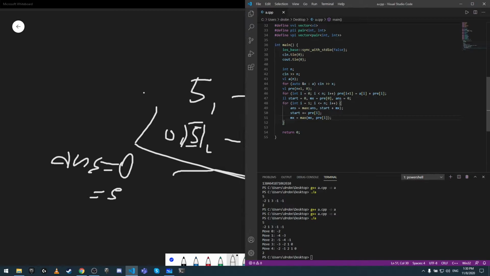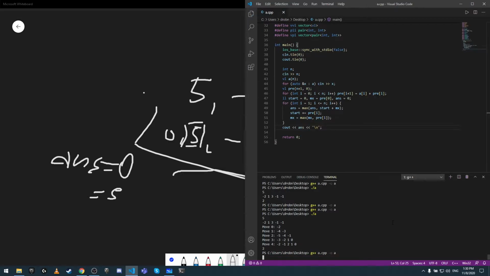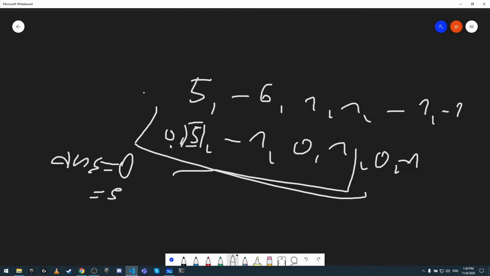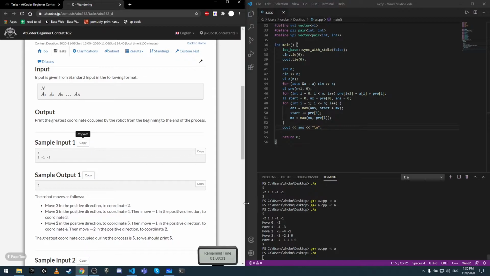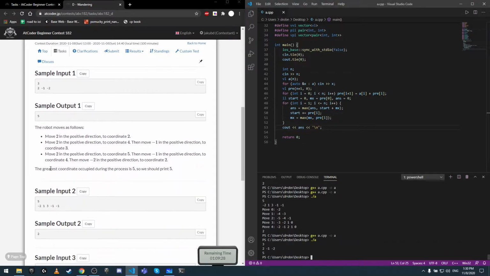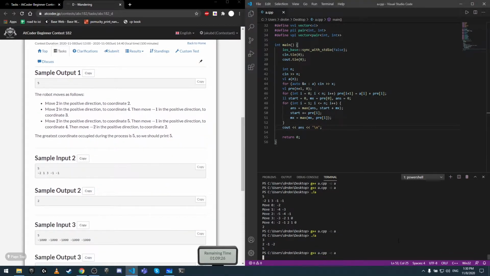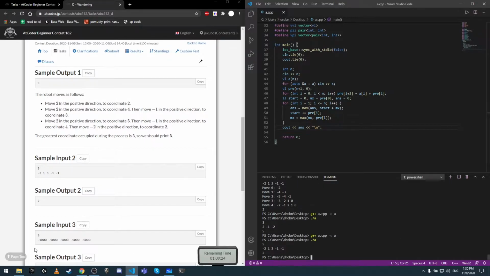Is this correct? I have no clue. My brain is absolutely dead for some reason, maybe because I don't have enough air in my room. Let's close this. 5, okay. 2, okay.